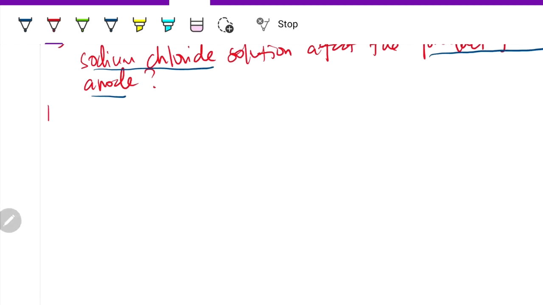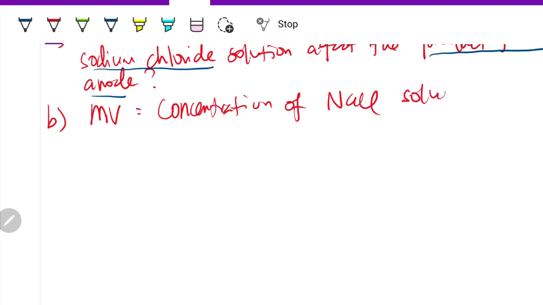Next one would be variables. Now, variables we have manipulated variable. We manipulate the concentration of sodium chloride solution. Responding variable we have products at anode.